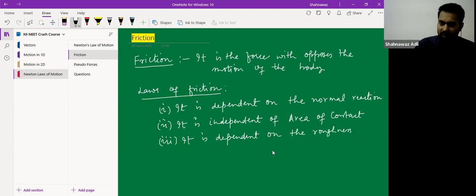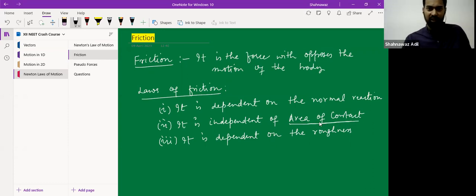Your area of contact will be more, then friction will be more. No, it is independent of area of contact, right? So if you have a smooth surface, let's just say that you have a tile and you place another tile on that surface. So that doesn't change the force of friction, right?